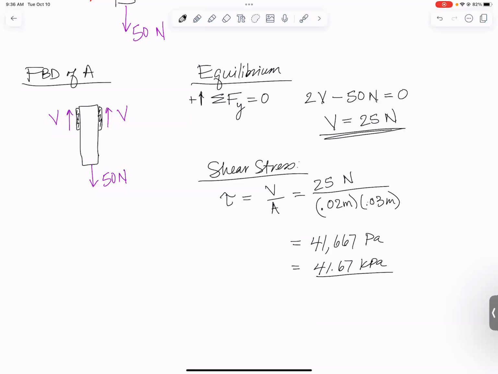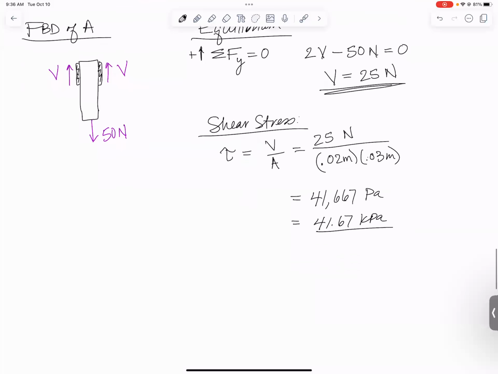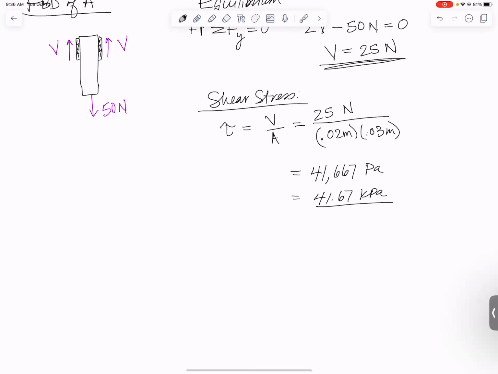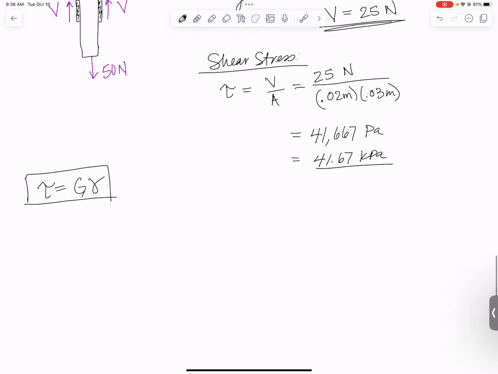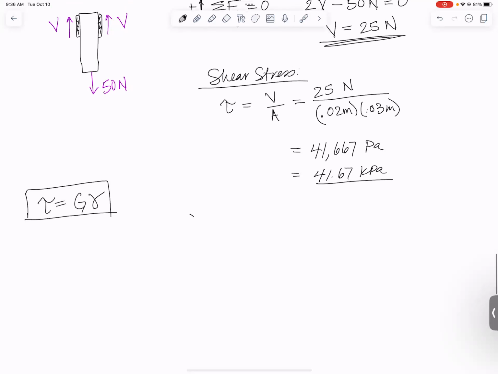We have shear stress. Now we're going to use our new Hooke's law for shear, which says tau is equal to G gamma. Shear stress is shear modulus times shear strain. So solve for shear strain: shear strain is going to be tau divided by G, 41,667 pascals.